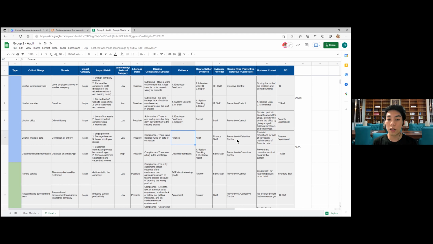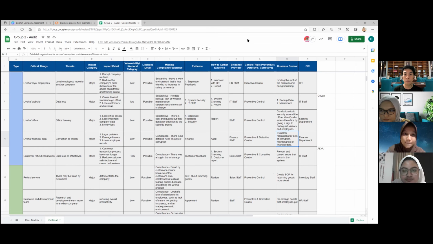Control type is preventive and detective control to make sure financial data corruption and bribery do not happen. The business control is establishing regulation for acts of corruption and maintenance of financial data. And the PIC is the finance department. The next critical thing will be explained by Alya.